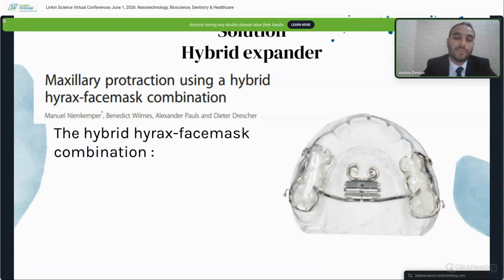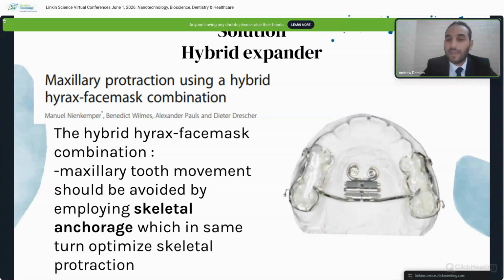So having two screws anchored in the palate and then opening the maxilla helps to decrease the resistance, and this resulted in very true skeletal effects.